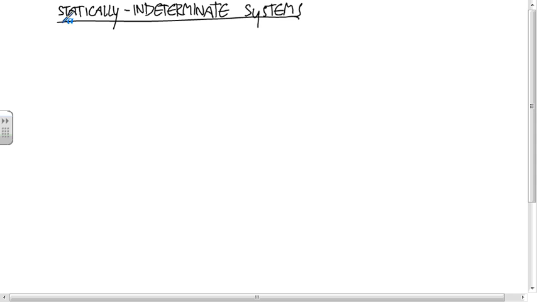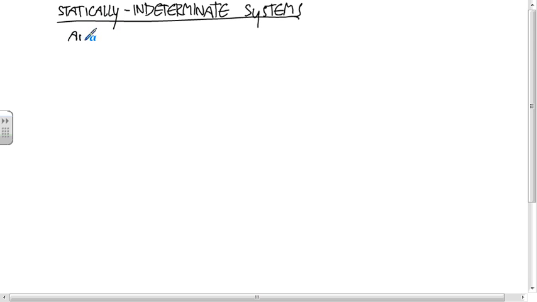All right, and then the last thing I want to say, this is really quick, and then I guess we'll just take the break and then start centroids when we come back. Statically indeterminate systems is the name for a system where you can't solve for the forces just using statics. It turns out you can solve these, but we're not going to do it in this class. In deformables, we'll learn how to do that.